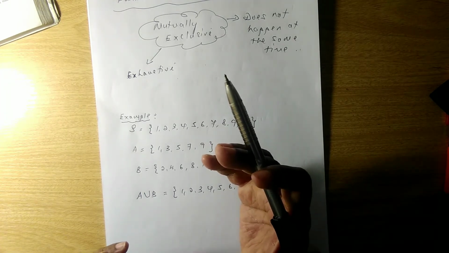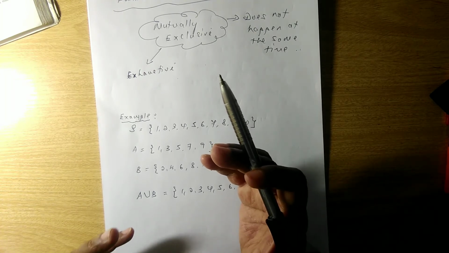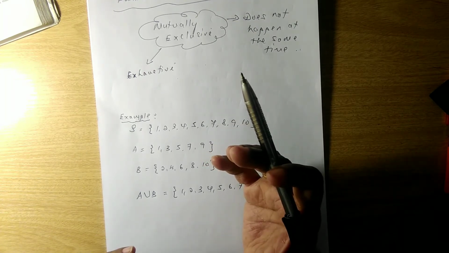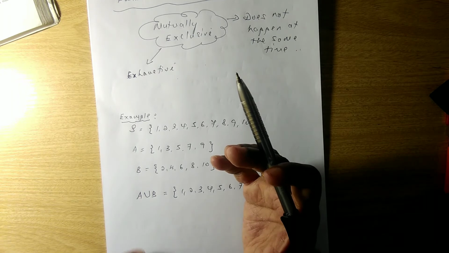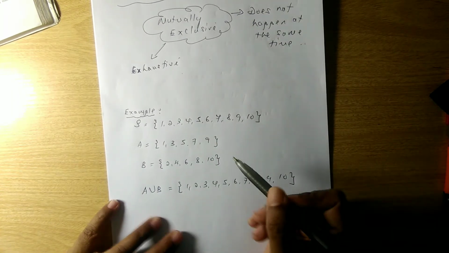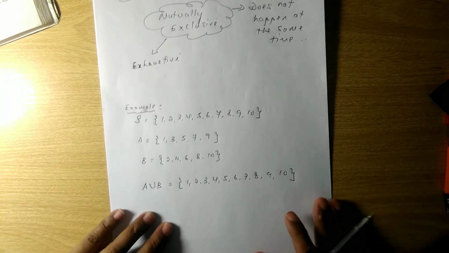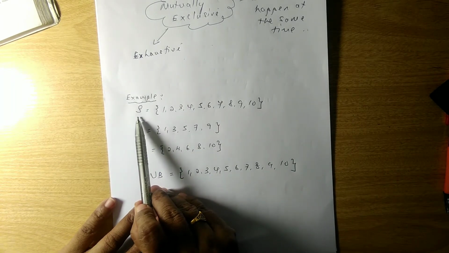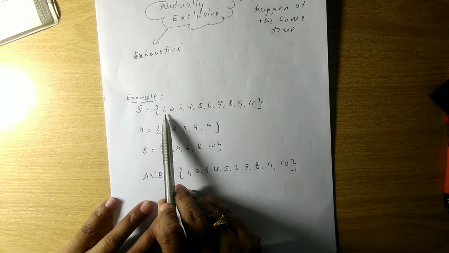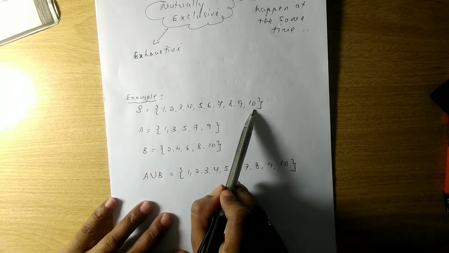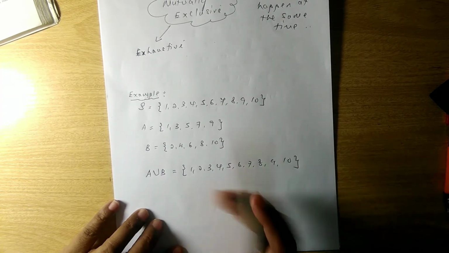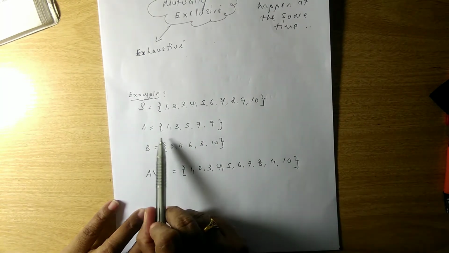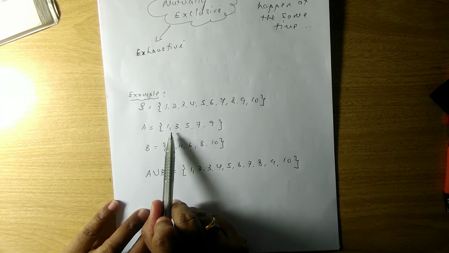So for an example, let's say this is my sample space. I've got numbers ranging from 1 up to 10. This is my event A, my odd numbers 1, 3, 5, 7, and 9, and my even numbers 2, 4, 6, 8, and 10.